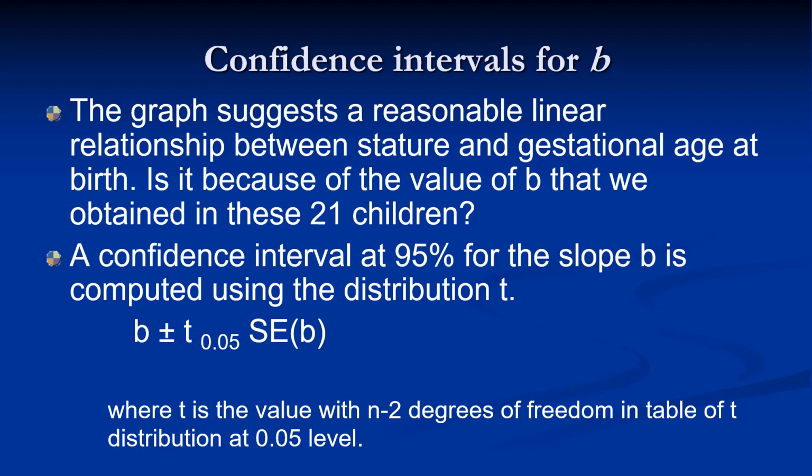A confidence interval at 95% for the slope b is computed using the t distribution: b plus or minus t sub 0.05 times standard error of b, where t is the value with n minus 2 degrees of freedom in the table of t distribution at 0.05 level.